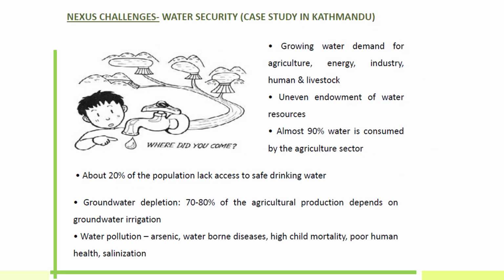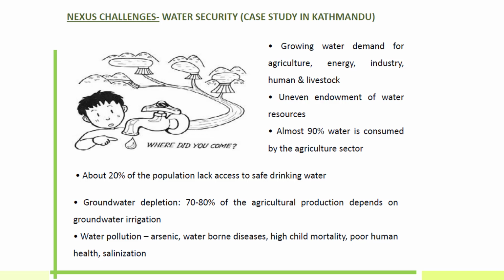So this is something that's mentioned in your reading, and there was a case study in Kathmandu looking at growing water demand for agriculture, energy, industry, and human and livestock. There's an uneven endowment of water resources, and almost 90% of the water is consumed by the agriculture sector. And about 20% of their population lacks access to safe drinking water.